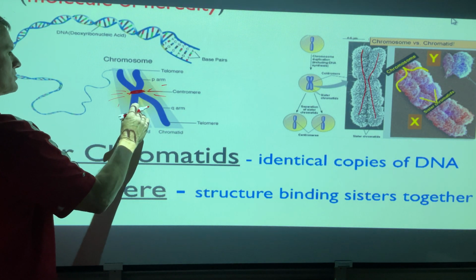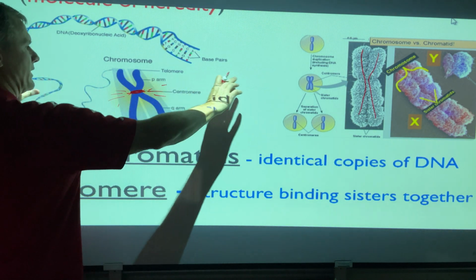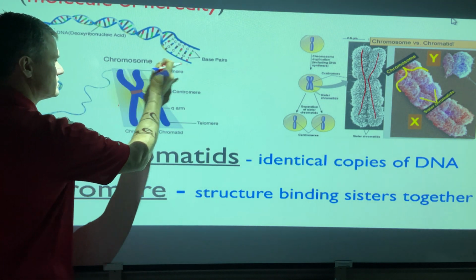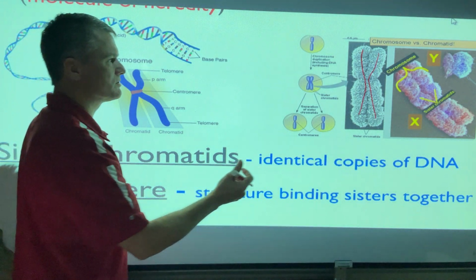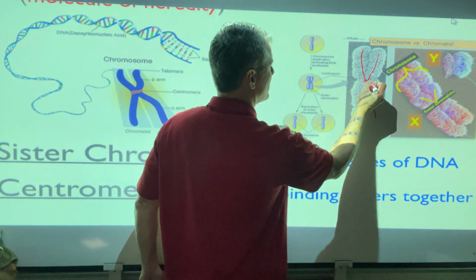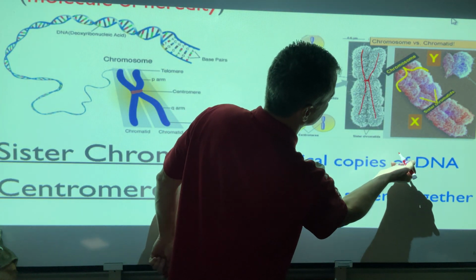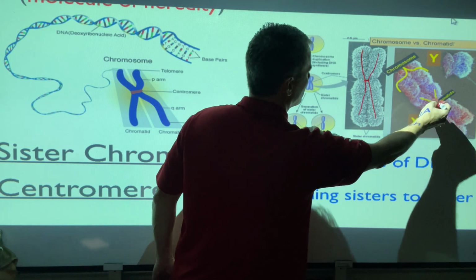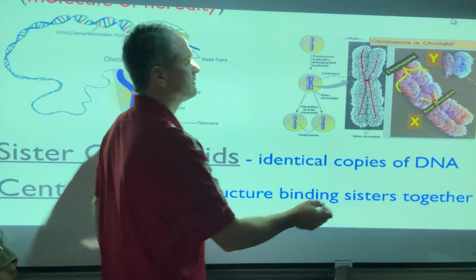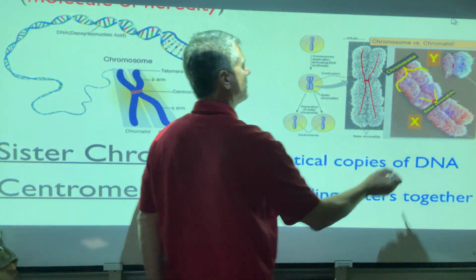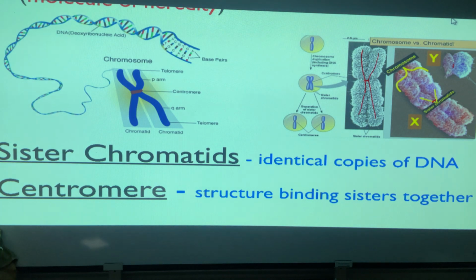And then once it pulls apart, these will migrate to each end of the new cell. So just know that a centromere is the structure that holds the chromosomes together. You can't see it in there, but it's in there somewhere. And I really can't tell. I'm guessing it's probably somewhere in there for that one, and probably right in there for the Y chromosome.